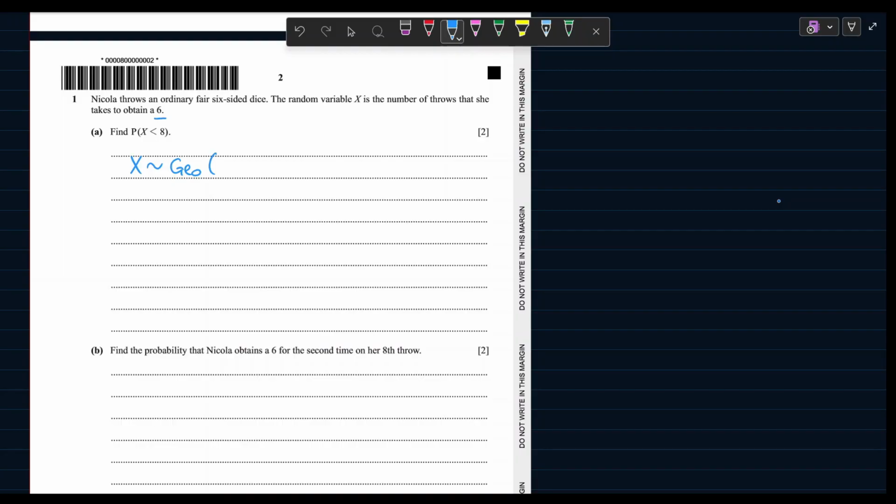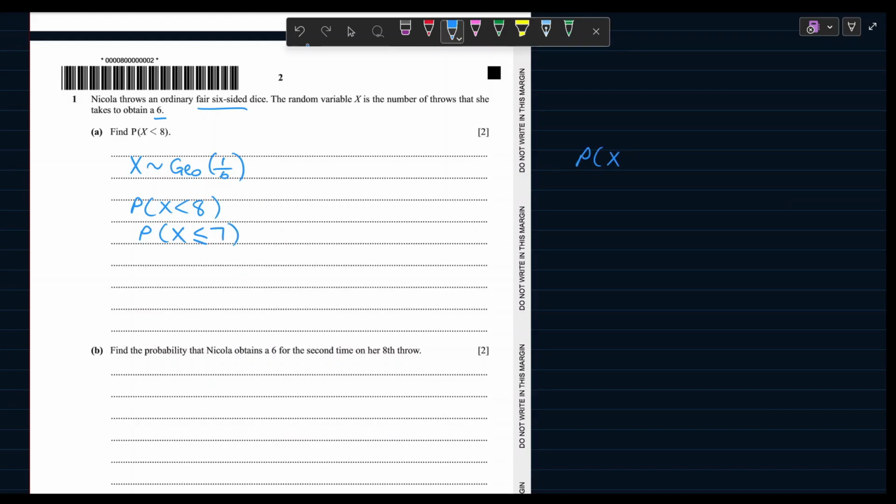Okay, and the probability of getting a 6, since this is a fair six-sided die, would be 1 out of 6. And we want to find the probability that x is less than 8. Because this is discrete, I can write this as x is less than or equal to 7, which allows me to use the formula.